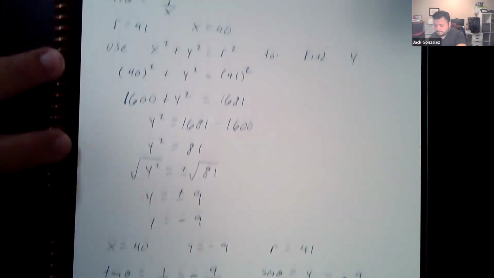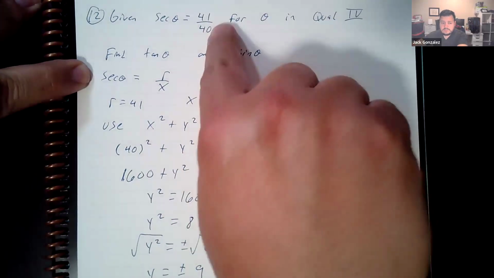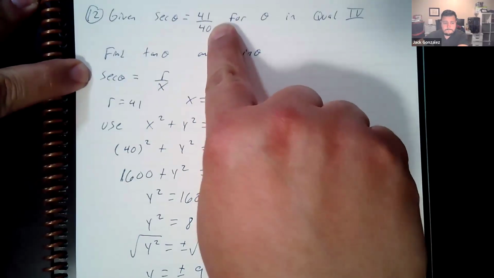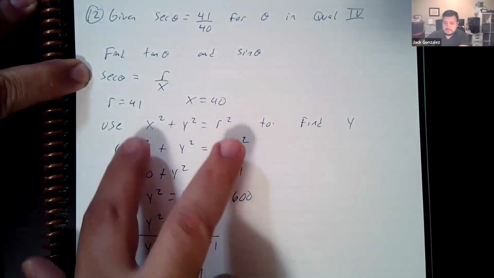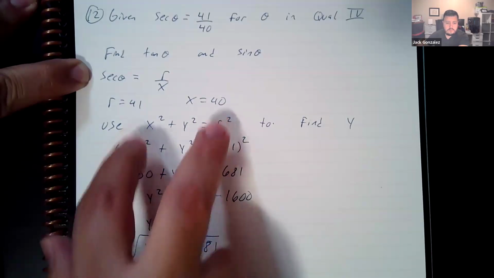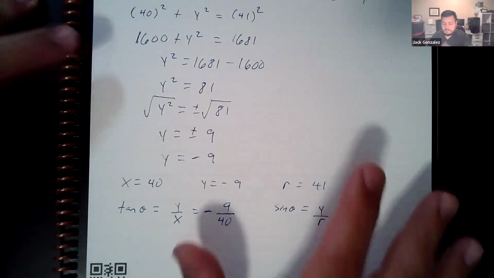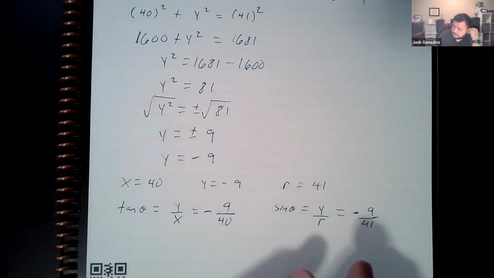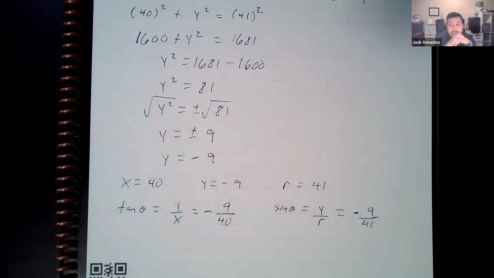Remember that secant is equal to r over x, and they said secant was 41 over 40. So if r is 41, x is 40. Use this formula to solve for y. And once you have y, then you can get any of the trig functions. Once you have all three, x, y, and r, you're good.